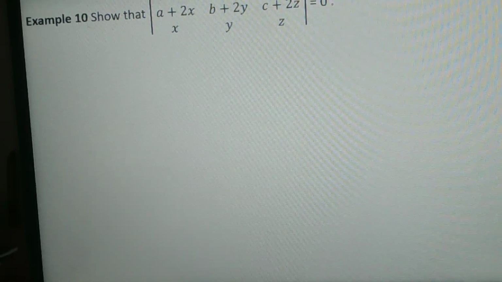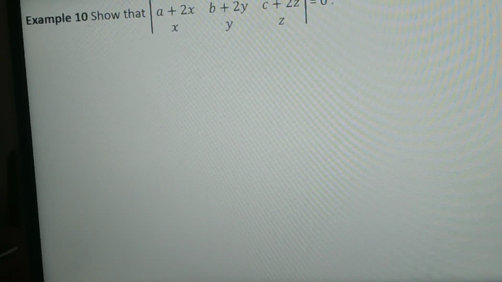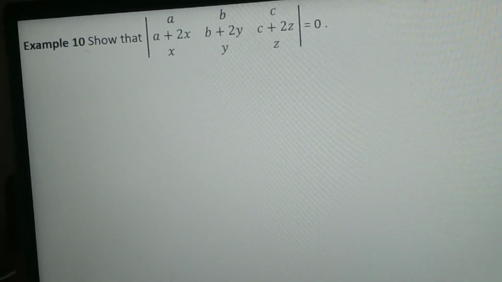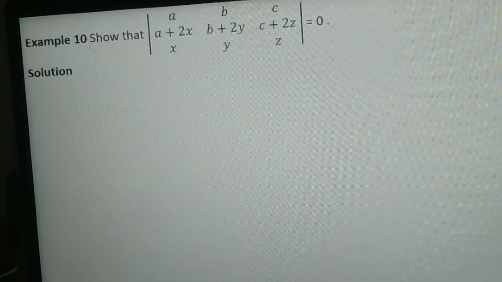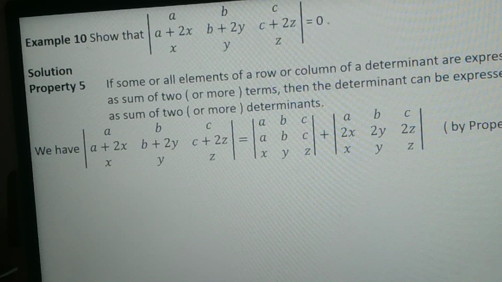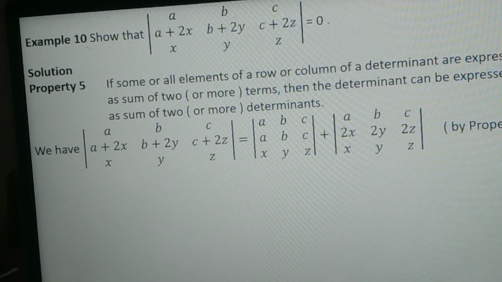Example: show that determinant a, b, c, a plus 2x, b plus 2y, c plus 2z, x, y, z is equal to 0. Property 5 states that if some or all elements of a row or column of a determinant are expressed as sum of two or more terms, then the determinant can be expressed as sum of two or more determinants.